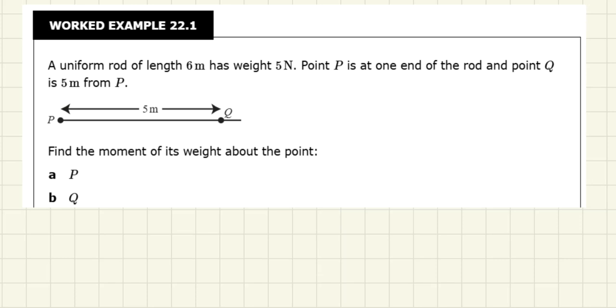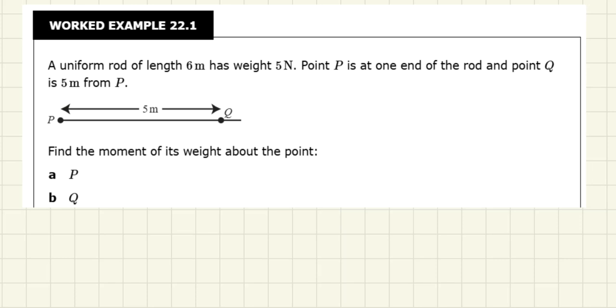Point P is at one end of the rod and point Q is 5 meters from P. Find the moment of its weight about the point. Always with the diagrams.